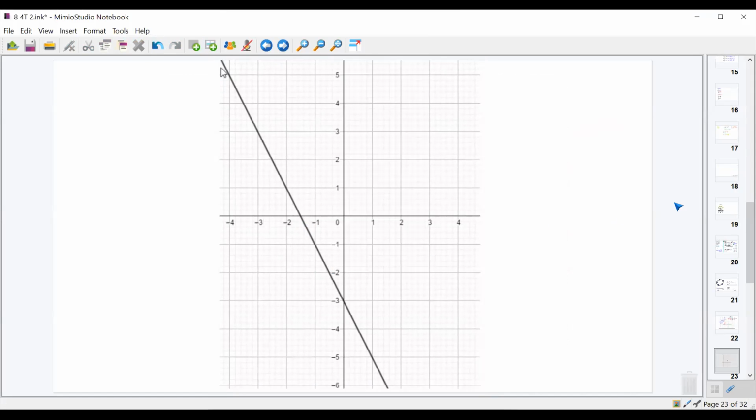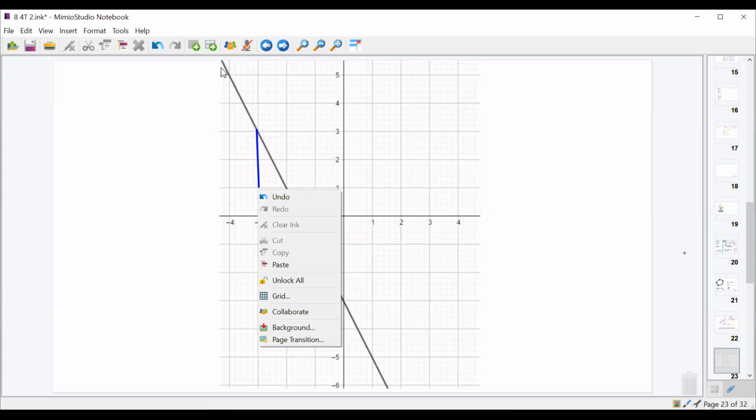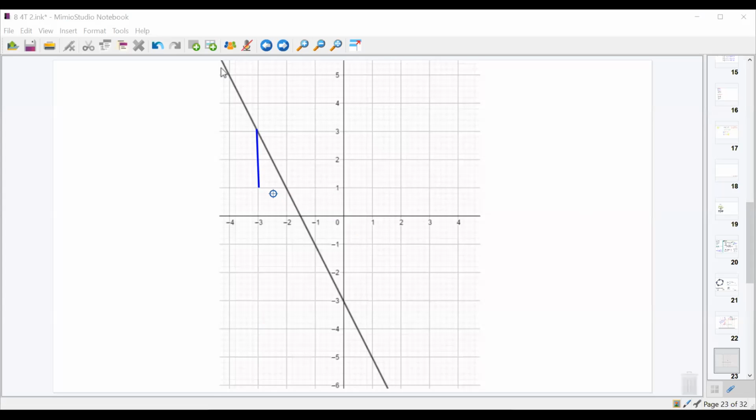Guys, look over here, you're going to be able to make this triangle. And look at the colors I'm going to be using. From here to here.